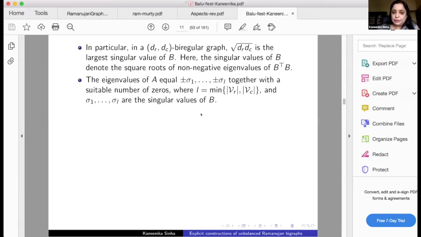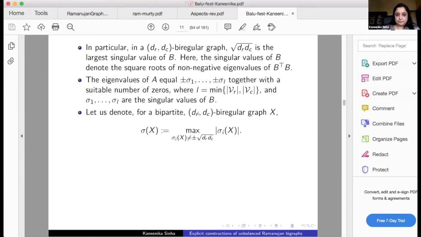The eigenvalues of A equal ±σ_i, where there are L many σ_i's, L being the minimum of the cardinalities of V_R and V_C, and σ_1, σ_2, up to σ_L are the singular values of B. Okay, and there are also a certain number of zeros which will show up. So zero, with a certain multiplicity, will show up as an eigenvalue of A.